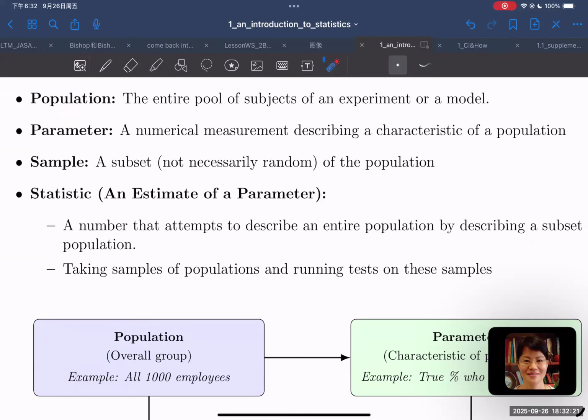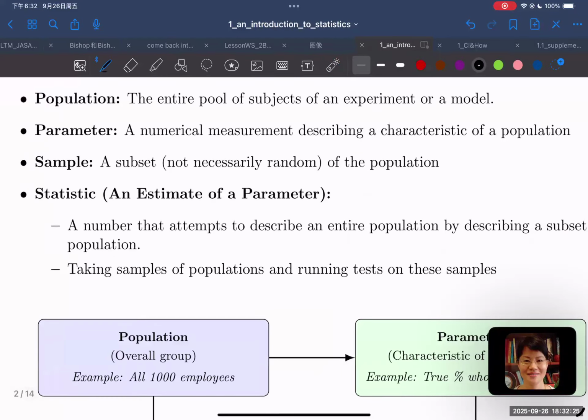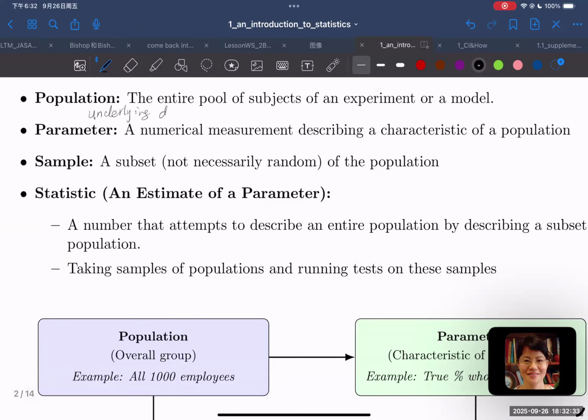So for here, when we mention the population, it means we will have some underlying distribution, we just say underlying mechanism, right? But for such mechanism, you would say this is probabilistic.